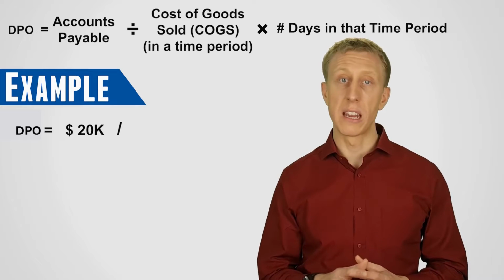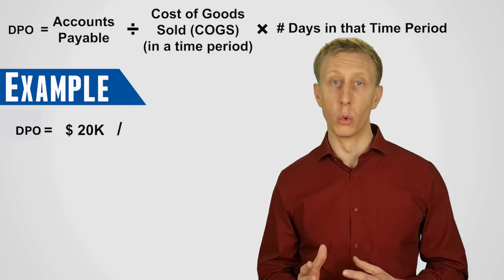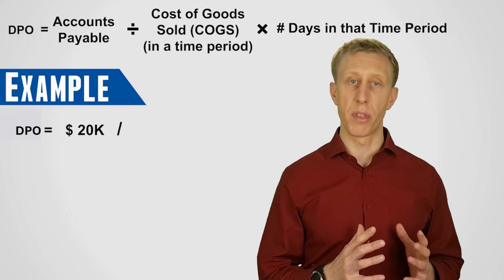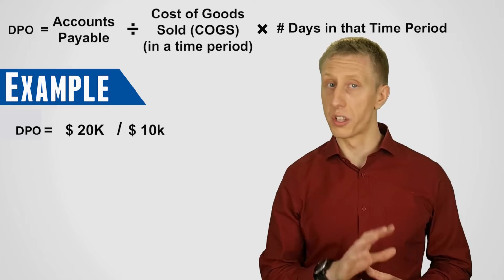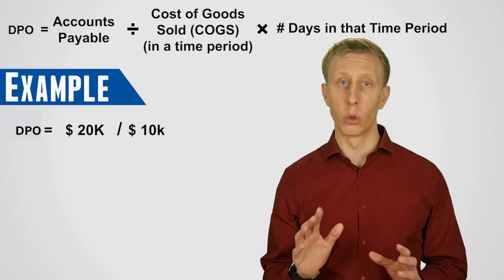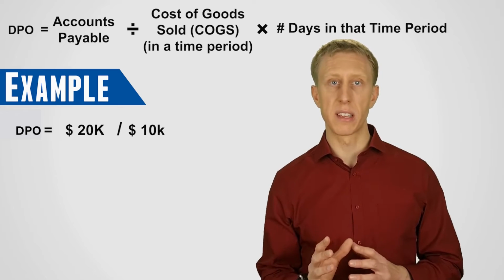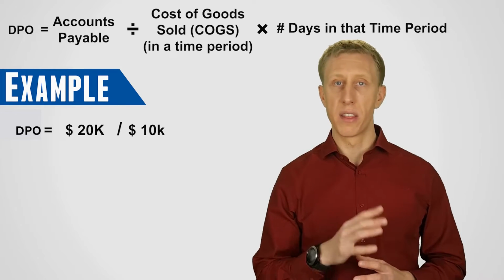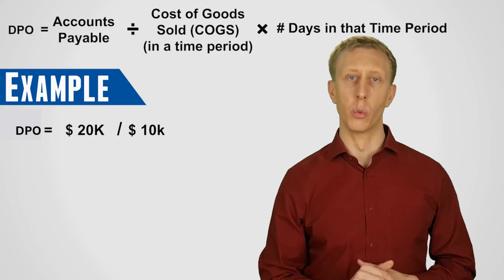And working again on a 30-day monthly time frame, our cost of goods sold for the sales made in the past month has been $10,000. I said cost of goods sold, so that's not the total revenue from selling all those beds in the past month. That's the total that the bed shop business paid to buy the beds that they sold in the past month. The cost of the goods sold.